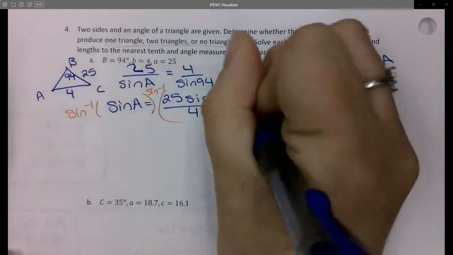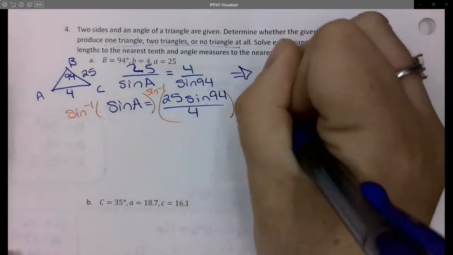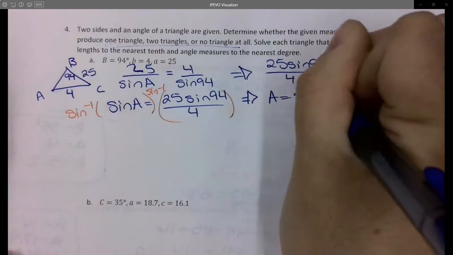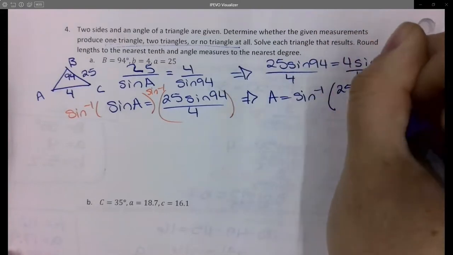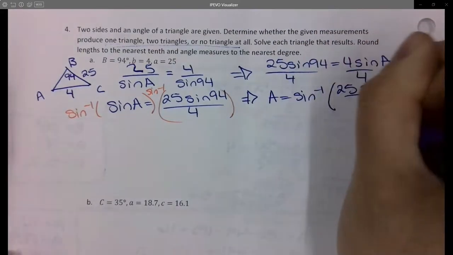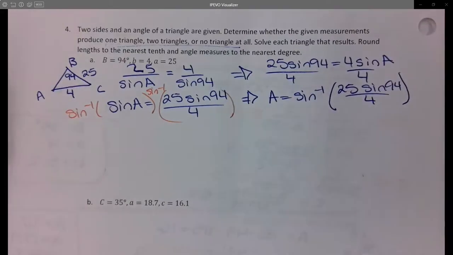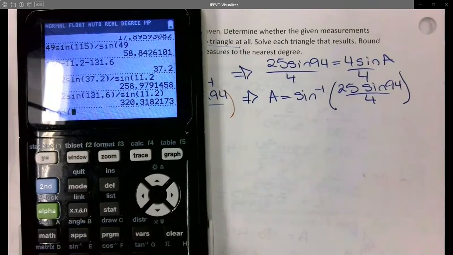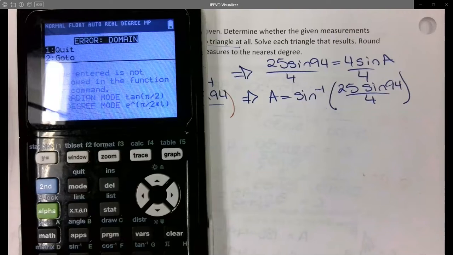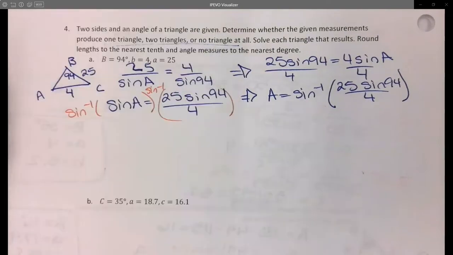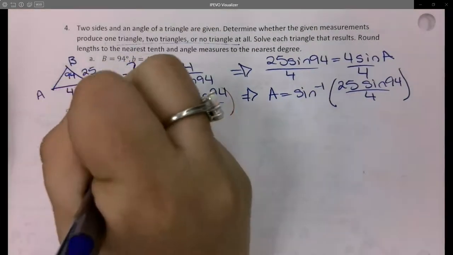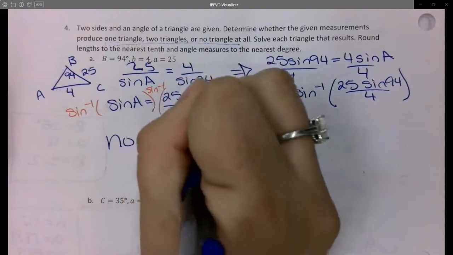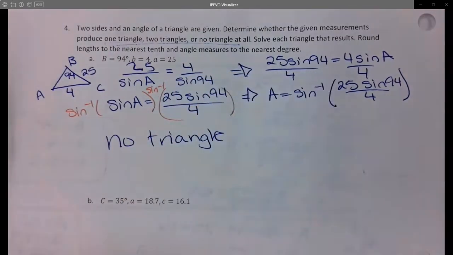So what I'm typing into the calculator is going to be sine inverse of 25 sine 94 over 4. It tells me there is an error in the domain, so this one means there is no triangle. If I don't get an angle out, I can't even have a triangle.